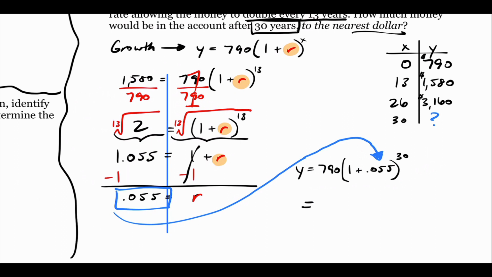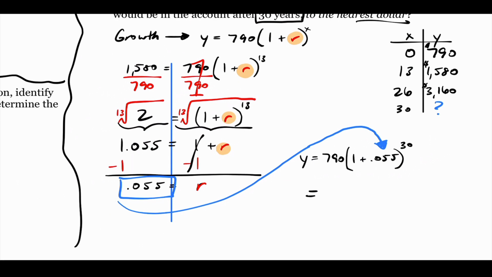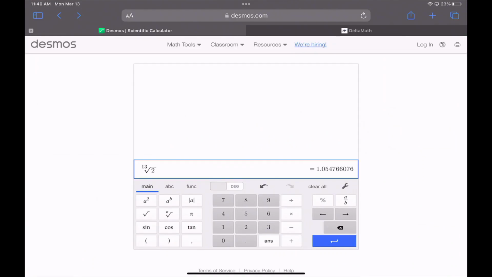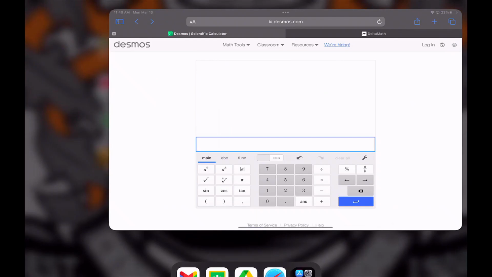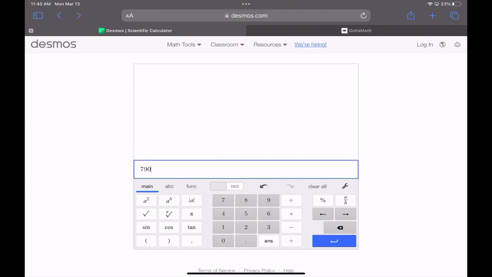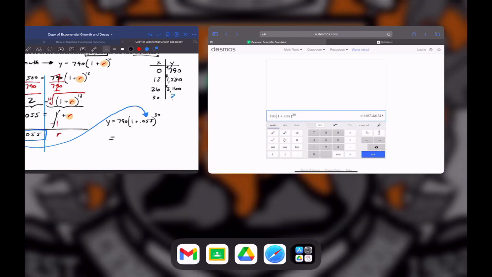And then I got to round to the nearest dollar. So I get 790 times 1 plus 0.055 to the 30th power.